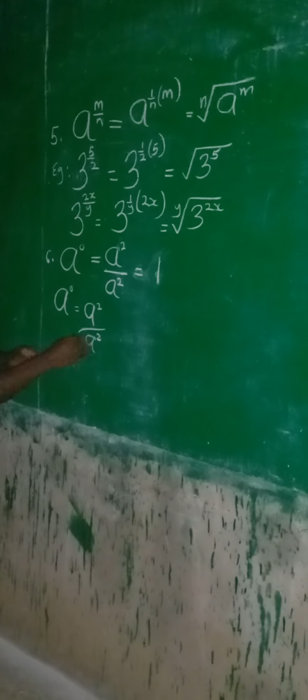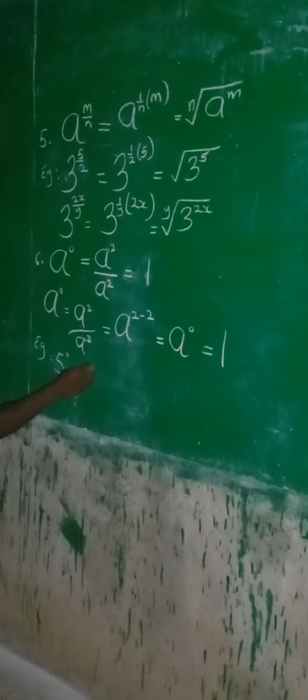The bases are the same and they are divided, so we subtract the exponents: a exponent 2 minus 2, which gives us a exponent 0. You see, we've come back to this place and it's the same as 1.